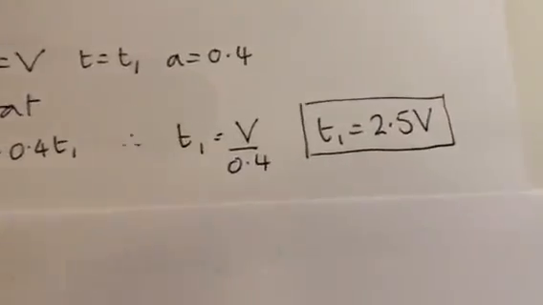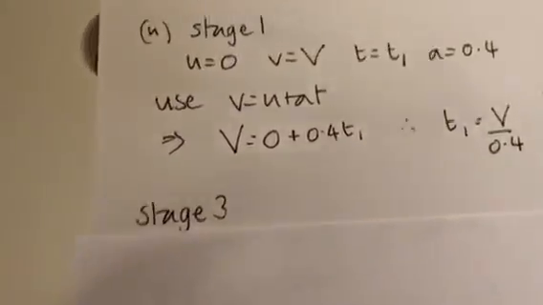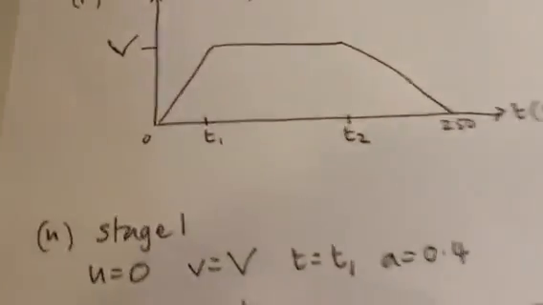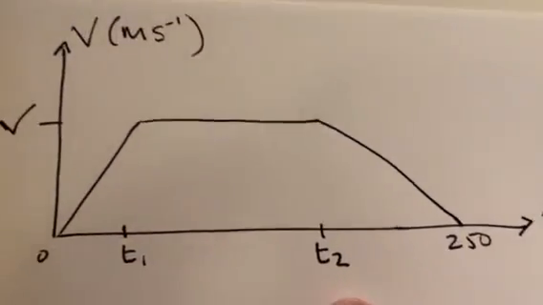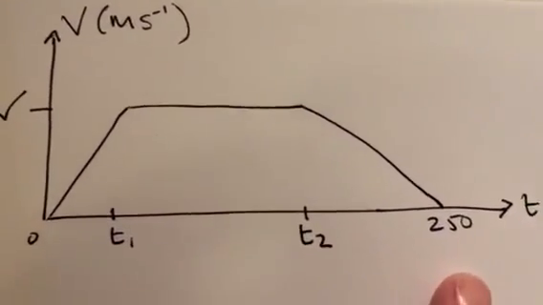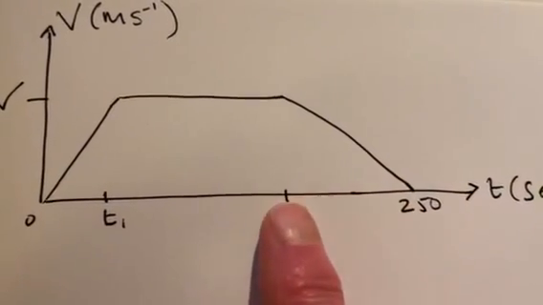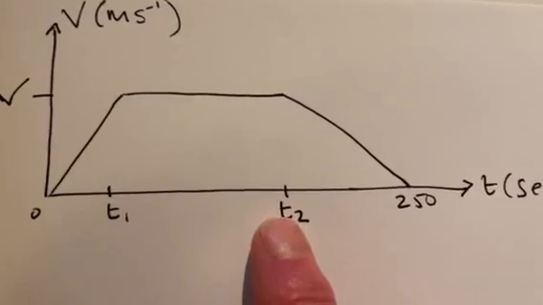I'm now going to do, which is a bit more challenging, stage 3. Stage 3 is the final stage of the journey where you're decelerating. I've called the time at the start of that stage T2. Obviously, the end time is 250, so the time that stage is spread over is 250 minus T2.